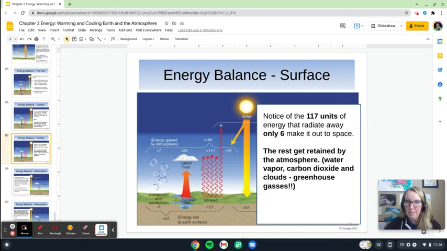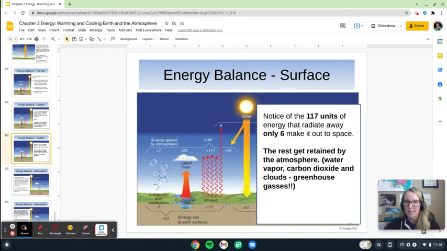But notice, of these units that get lost, down here, you'll notice that only 6 of those units actually get all the way out to space and get totally lost in our system. Okay, first we looked at it as just the sun coming in, and now we're looking at both how the surface interacts with the atmosphere.